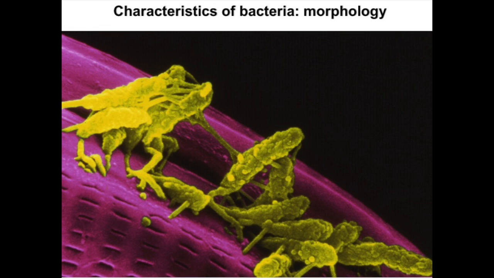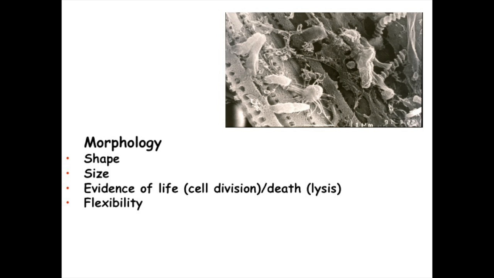The morphological characteristics refer to the shape, the size, evidence of living processes like cell division, that's sort of the life process, and death, where a microbial cell, when it dies, there's an automatic production of an enzyme which breaks down the outer cell wall, and the internal contents escape.